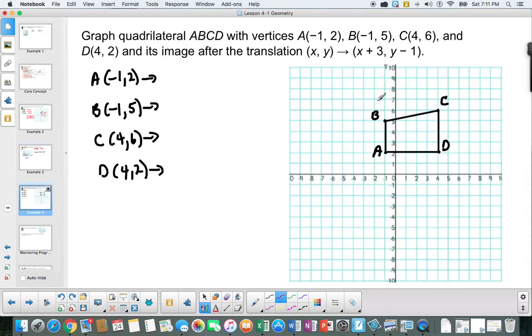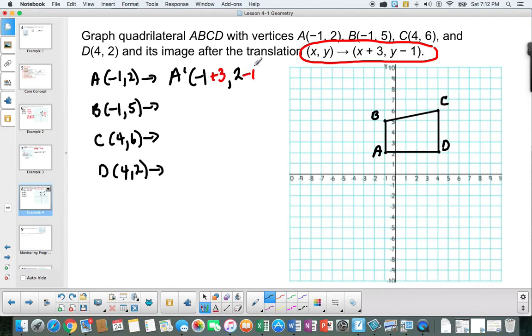Okay, let's notice that they're giving us the rule right here. They're telling us what to do with the points. I have graphed the points already. They're over here and they're ready for me to figure out what their new location is. So A prime is going to be -1, and then I'm going to add 3 to my x coordinate, comma, I'm going to have 2, and then I'm going to subtract 1 from my y coordinate because that's what the rule says.